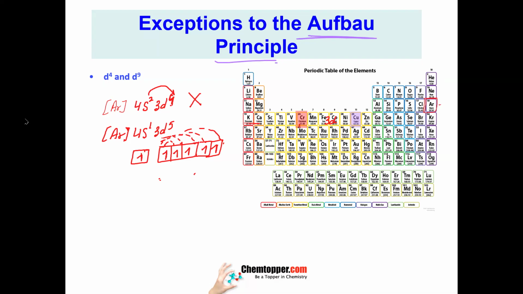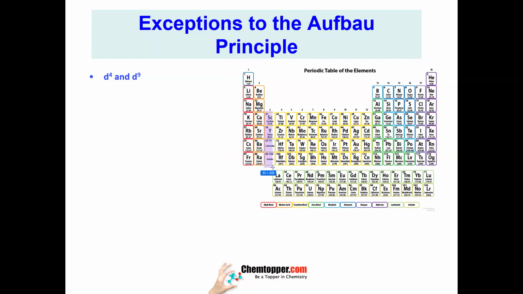Okay. So now you're going to give me the general configuration of this family. Include this. So I give you one of it. This is d1. So I'm going to say ns2 (n minus 1) d1. Can I say that for this scandium family? Because if this is 4s, this is 3d. If this is 5s, this is 4d.